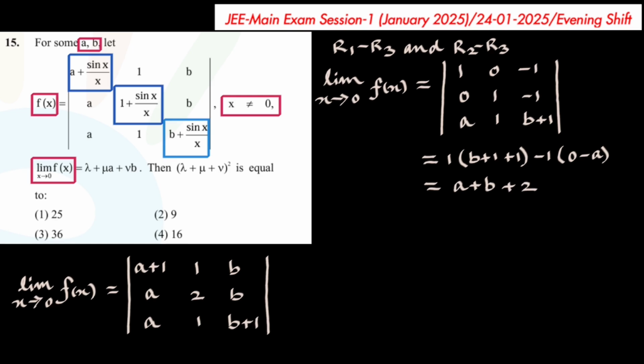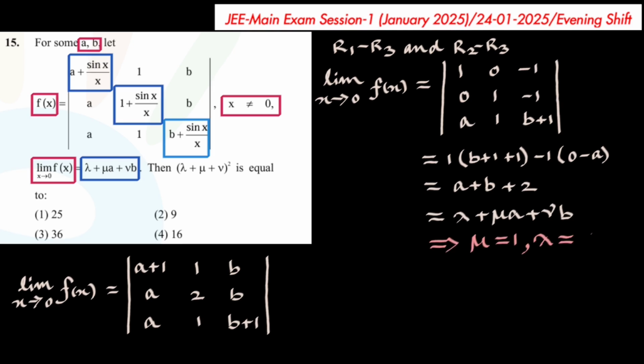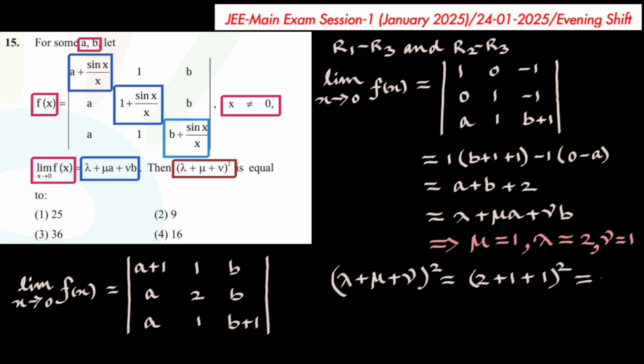But this limit is given to be lambda plus mu a plus nu b. That gives mu equals 1, lambda equals 2, and nu equals 1. So we can evaluate the required value. (Lambda plus mu plus nu) whole square equals (2 plus 1 plus 1) whole square, 4 square, 16. Hence the correct answer is option 4, 16.